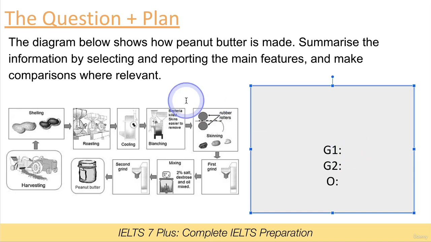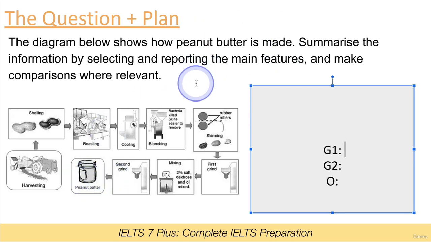So the groups then, let's find a logical stopping point. So we harvest, we shell, we roast, we cool, we blanch, we skin. Maybe the skinning could be a good halfway, and then we grind, we add materials, we grind again, and then we make peanut butter.